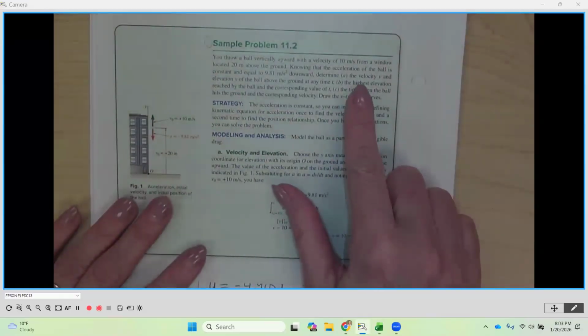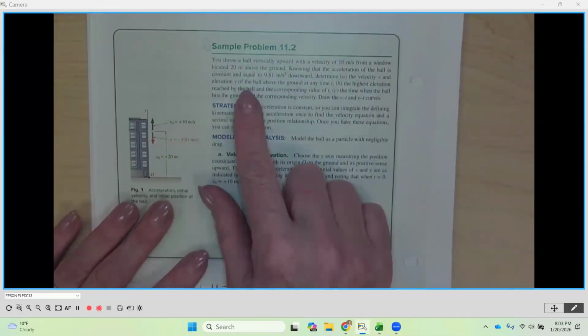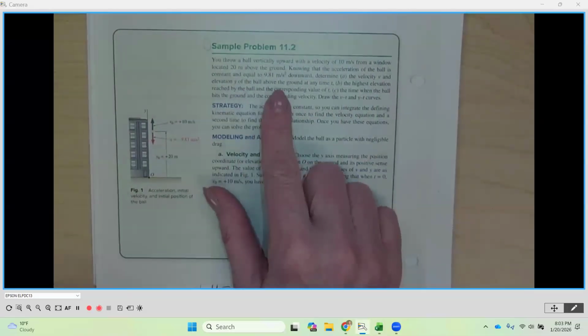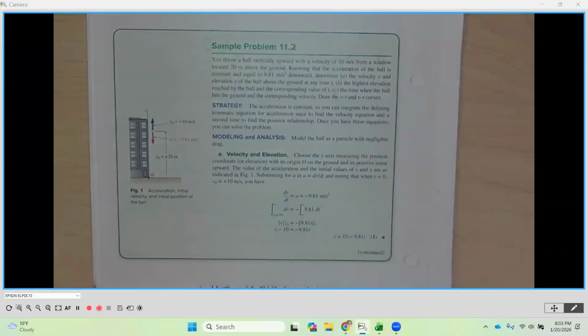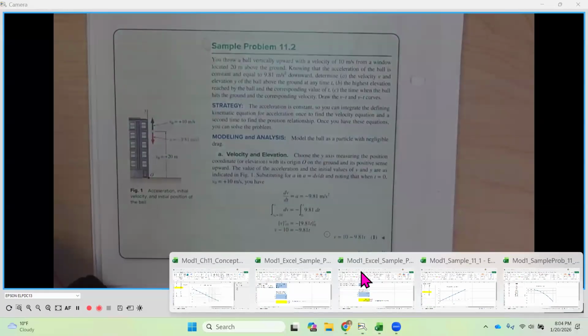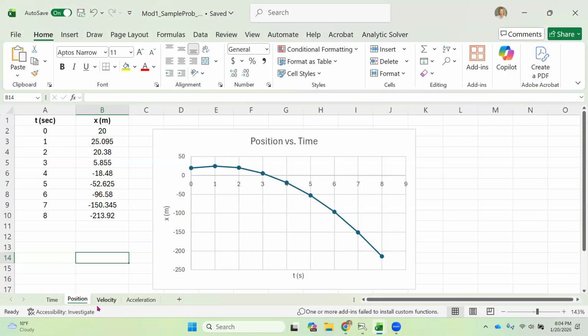For our first one, it asks for the velocity v and the elevation y of the ball above the ground at any time. We did that through the Excel spreadsheet. So for part A, with the curves for the position and the velocity, we can put any time in here and figure out what the position or velocity would be.